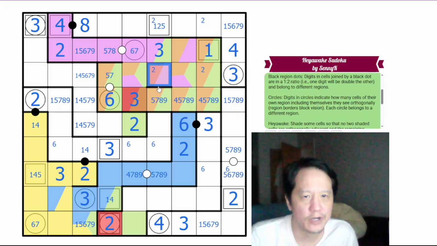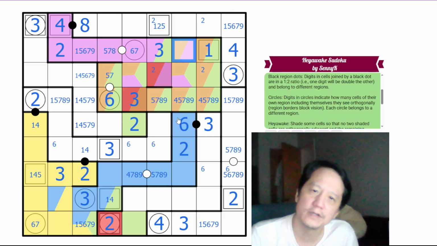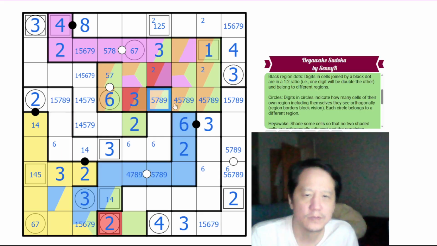This is one. You could have two, and then this is red. That's possible. So this is all green.